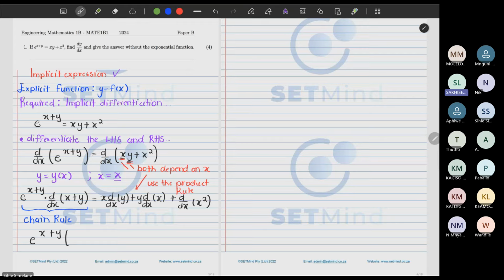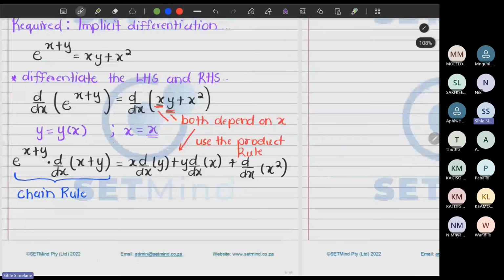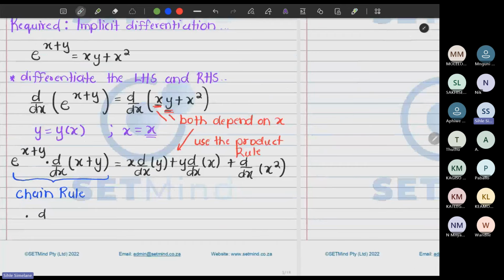Okay, guys. Since you're saying that, can you please explain how you derived the left hand side? I don't understand. Okay, no problem. So I'll need you to keep your mic on. There's something which we learned back then when we were doing calculus: let's make a function g of x. When you derive e to the power of anything, the answer becomes e to the power of that thing that was there.